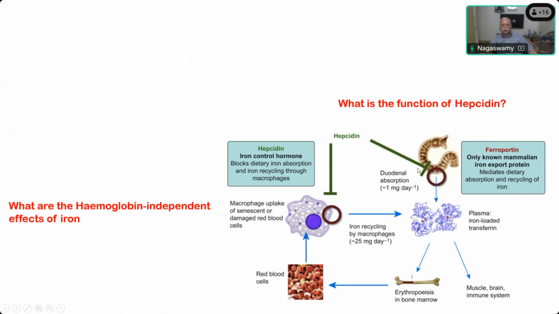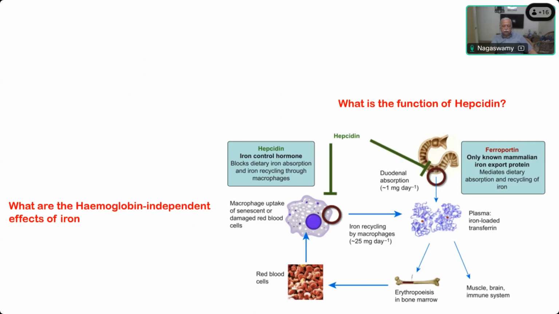And it also controls the duodenal absorption of iron. So there are two functions. Hepcidin is an iron control hormone, blocking dietary iron absorption and iron recycling through macrophages.